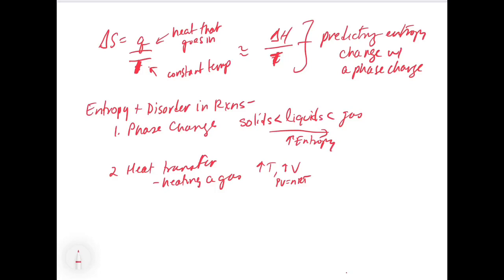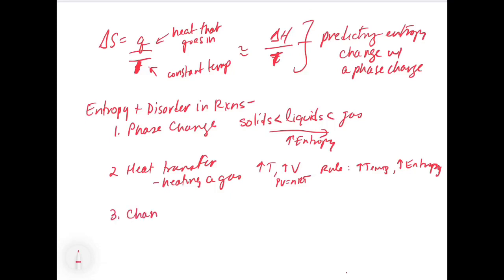So if we're increasing the volume, that gas is now spread out over a larger area, and so we get an increase in entropy. So the rule is that when you increase temperature, you're always going to increase entropy. You can think of that also with things like water, right? As you heat the water up, the molecules are going to start to move faster, and they're going to become less ordered than if they were cooler.